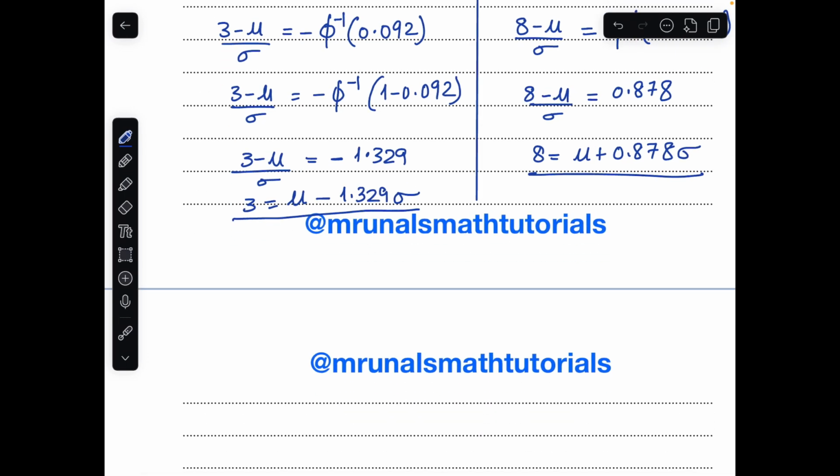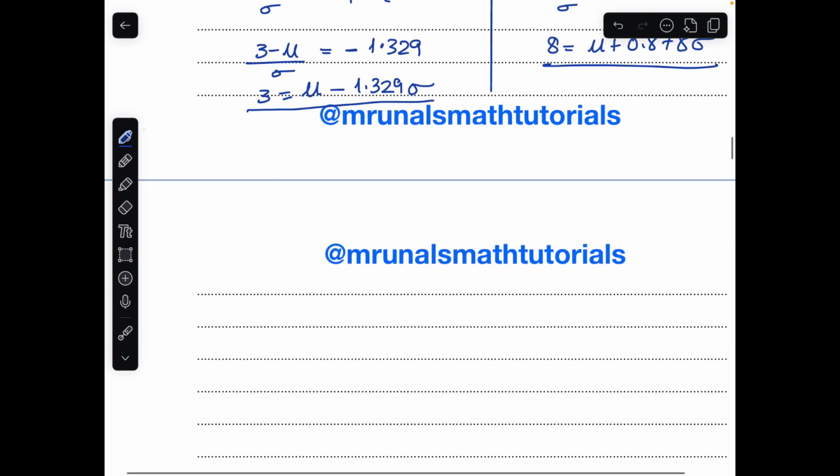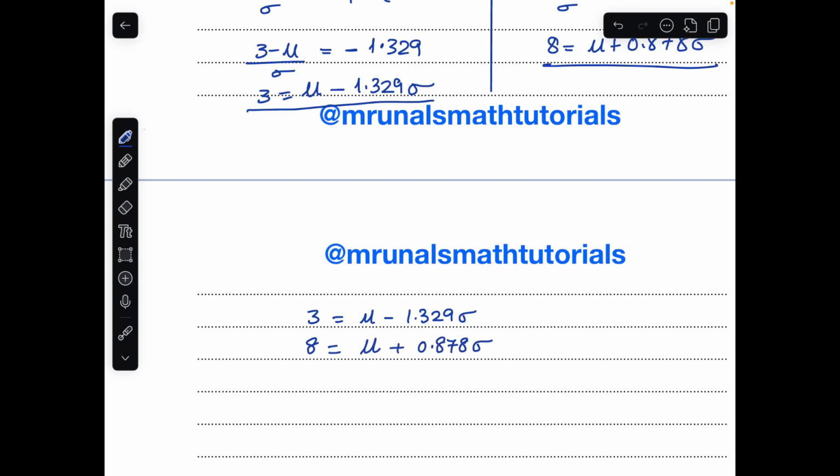So let us do that. We have 3 equal to mean minus 1.329 sigma, and we have 8 equal to mean plus 0.878 sigma. We subtract, we get 3 minus 8 is negative 5, equals negative 2.207 sigma.